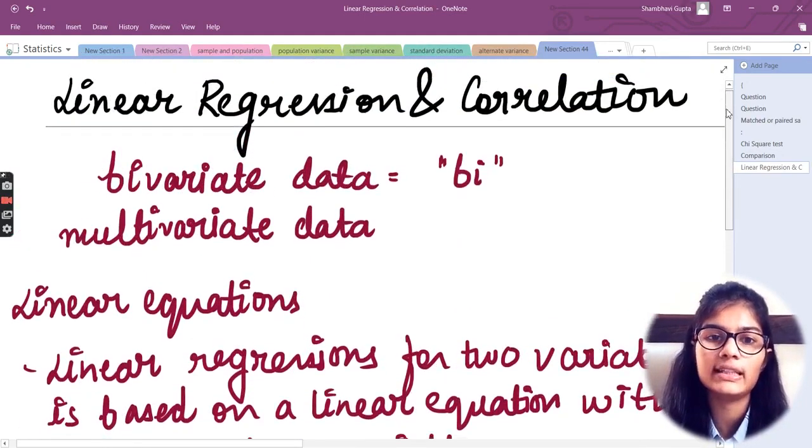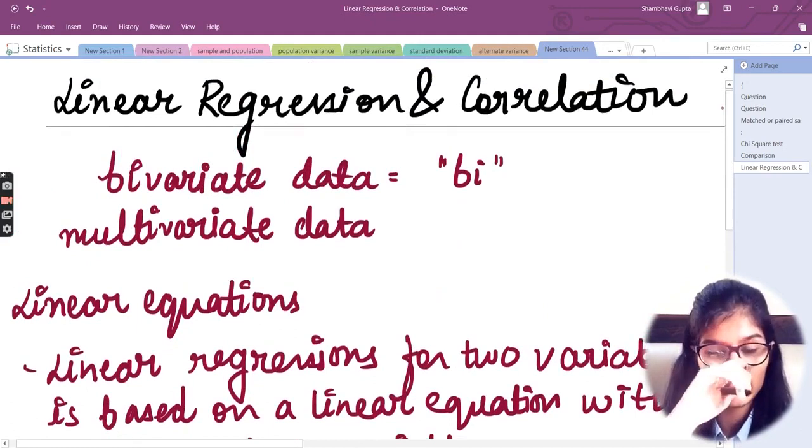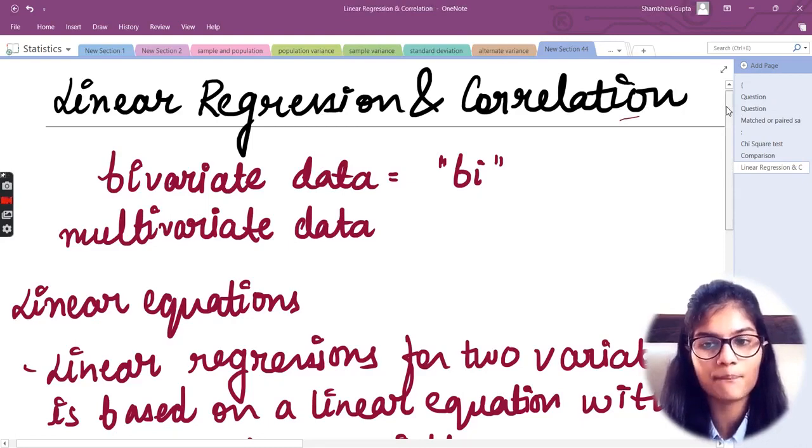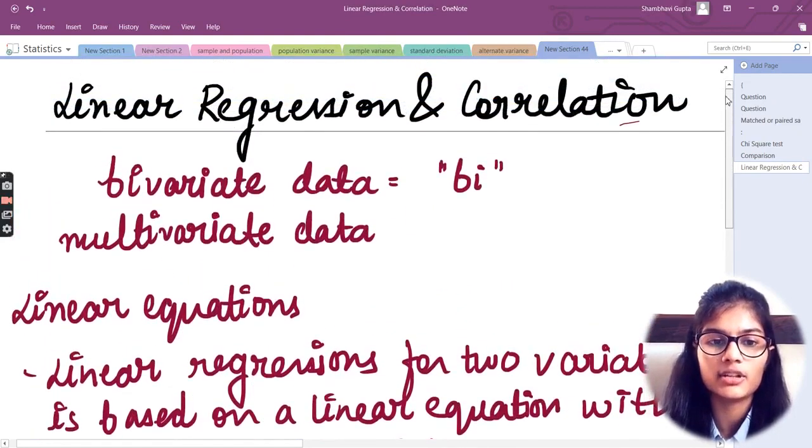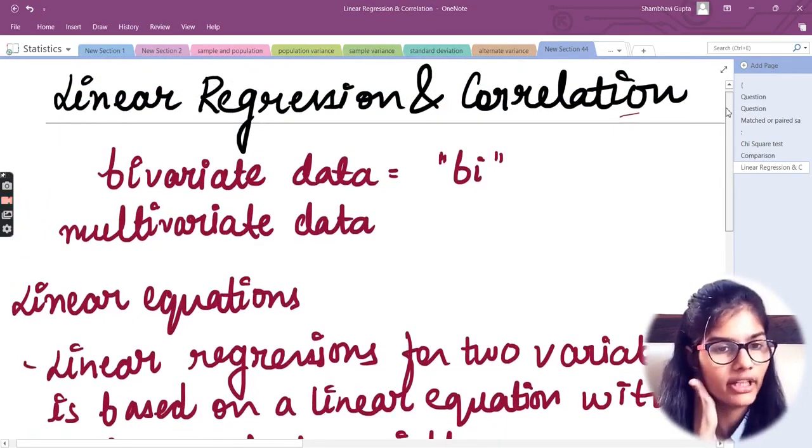So when we talk about linear regression or correlation, two terms come. The first one is bivariate data, that is BI, and the second one is multivariate data, that's for multiple variables.